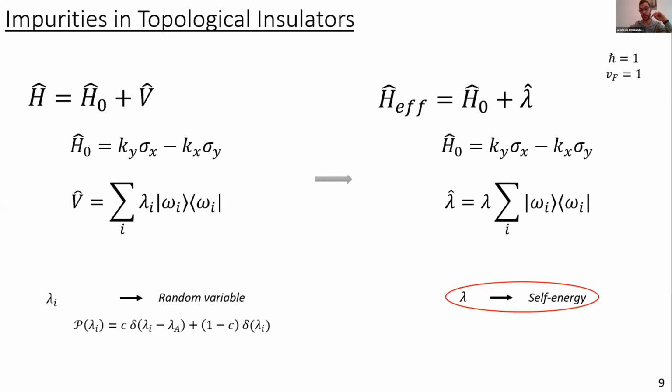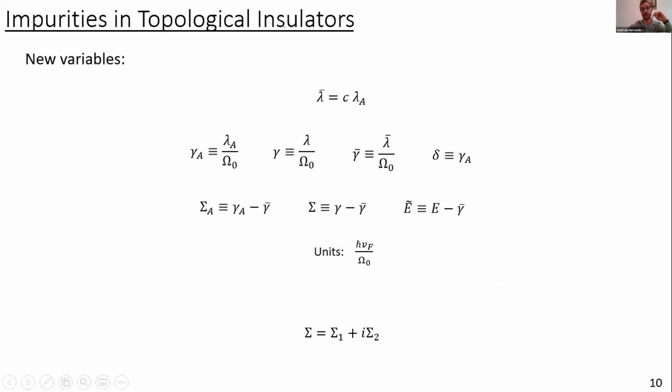So first, before calculating this self-energy, we can get some properties of this effective Hamiltonian, but it's useful first to define some new variables because in this way all of them have the same units. Well, now our self-energy consists of sigma, and diagrammatically this corresponds to absorbing the first term, which is the self-energy which the virtual crystal approximation gives, which is another approximation to calculate in disordered systems.